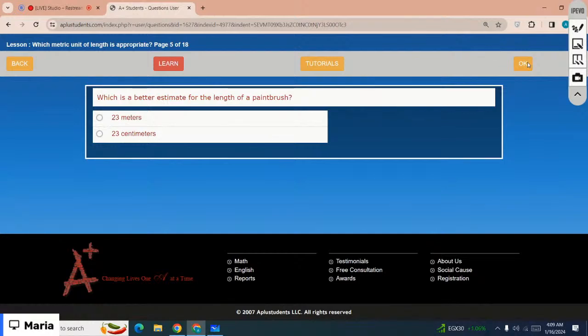Which is a better estimate for the length of a paintbrush, 23 meters or 23 centimeters? Which is the correct option?